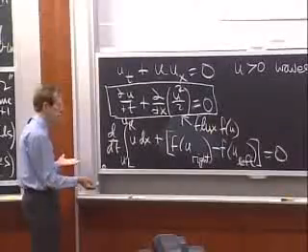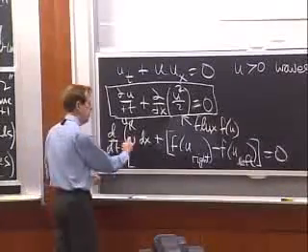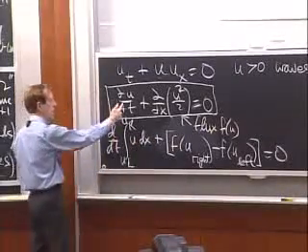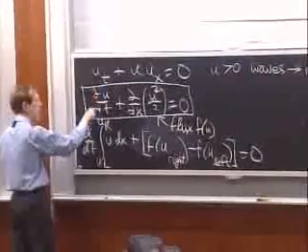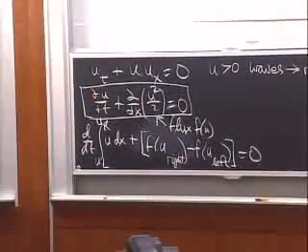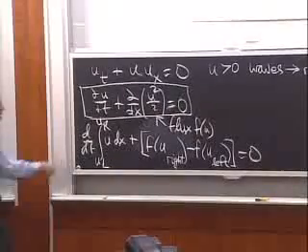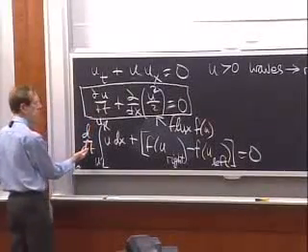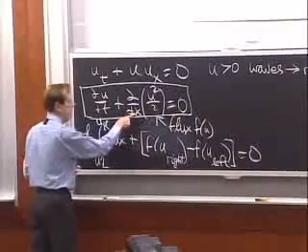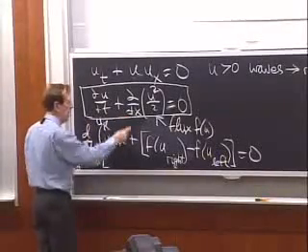Let's first of all see where it comes from. It just comes from integrating this equation with respect to x. So I have a time derivative that I keep out here, but my space derivative is going to disappear because I'm integrating with respect to x.